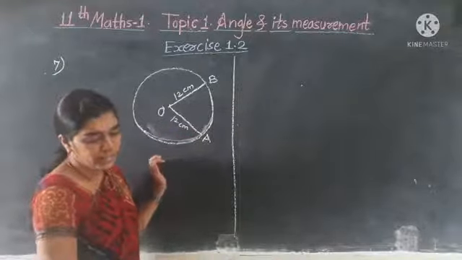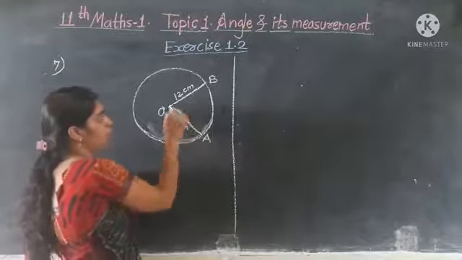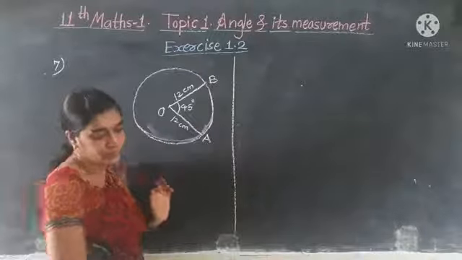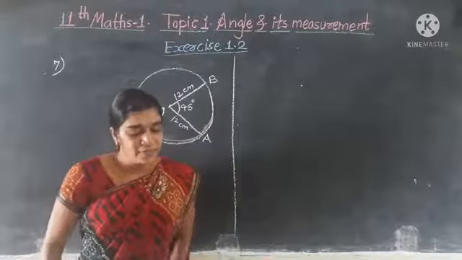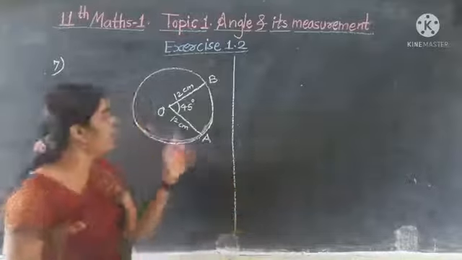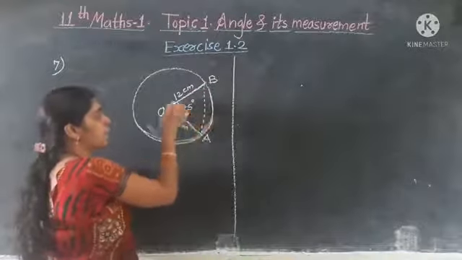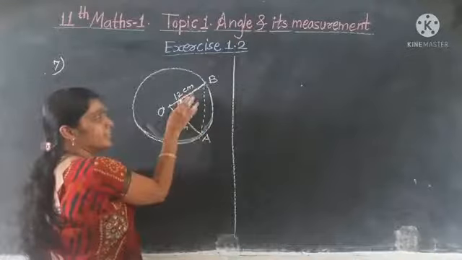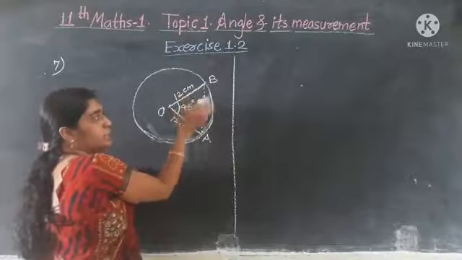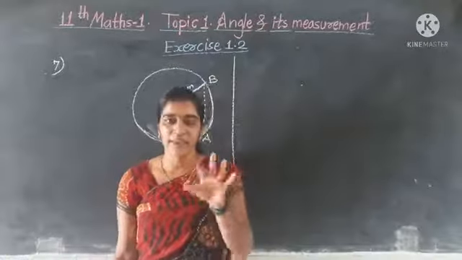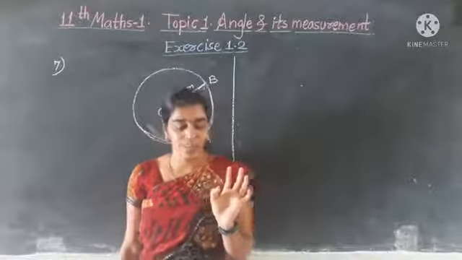Okay, major angle AOB, this angle is given 45 degree. We have to find the difference between the area of sector and triangle AOB. If you join this, area of sector means all this, and this is the triangle. Okay, so we have to find the difference of this. Means we have to find area of sector minus area of triangle AOB.